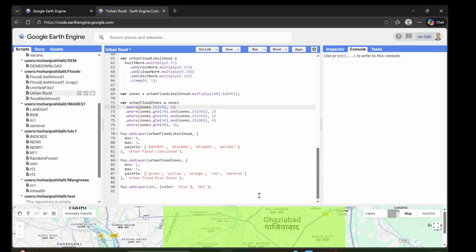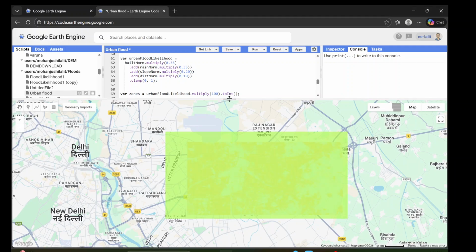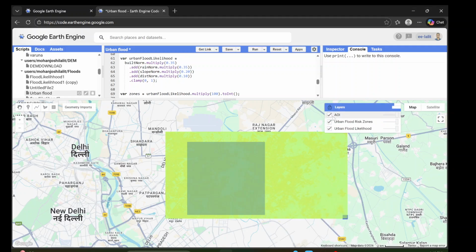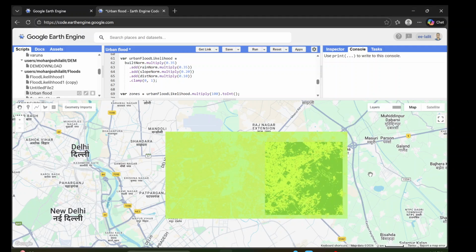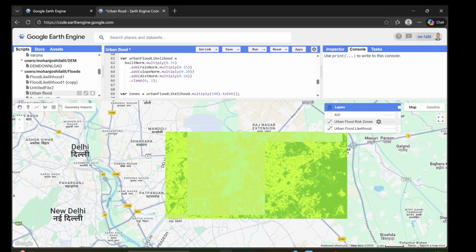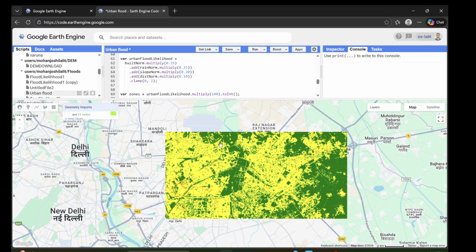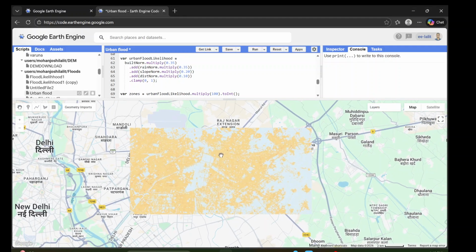If we run this, it will come like this. While it is loading, I will just remove this AOI. Okay, better. You can see this is my flood likelihood, and we have two kinds of colors here, orange and blue, light blue.